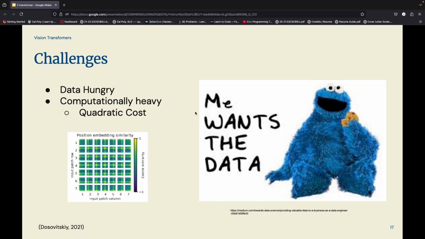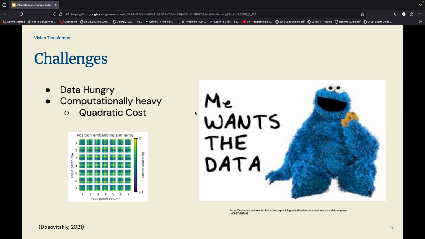But one challenge is that it is very data hungry, because it lacks the inductive bias seen in CNNs, since CNNs look for local relationships mostly.